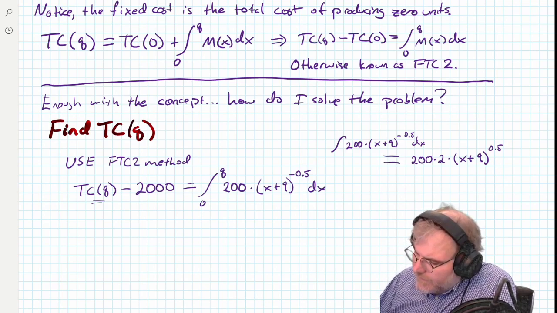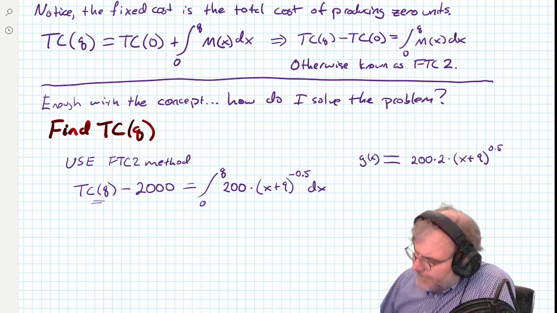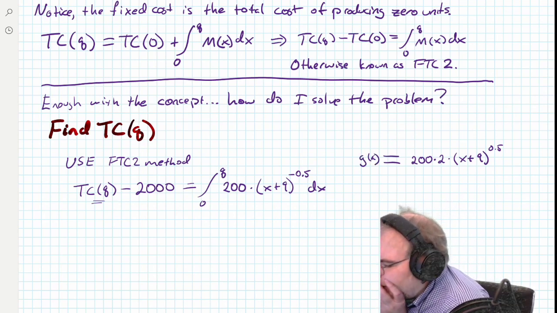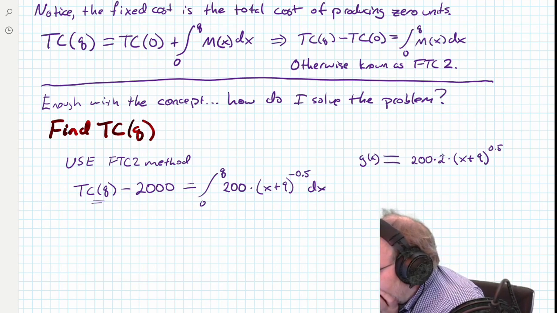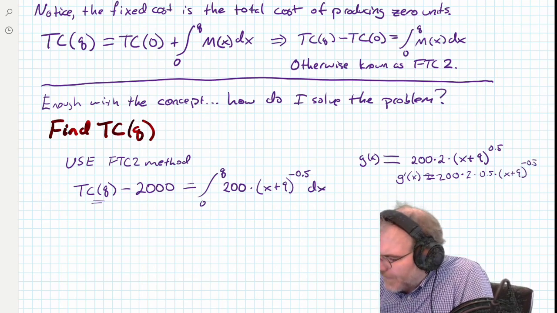All right, so this is for sum, so I'll call this my G. Because now when I take the 0.5, that's going to hit that, and I wind up with negative 0.5. All right.